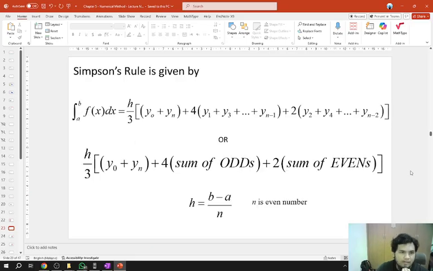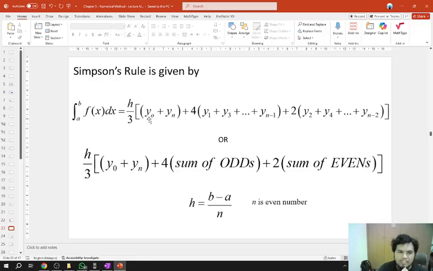Okay, so next slide. Don't worry, we still have a formula. The steps are the same as in the trapezoidal rule, but the difference is just the formula. In the formula we have three parts again. We have h over 3, where h is the width, also given by b minus a over n.